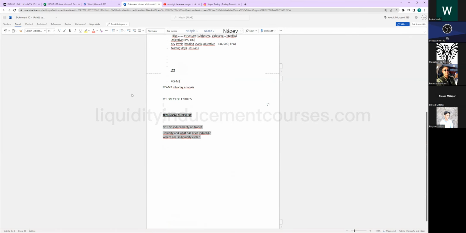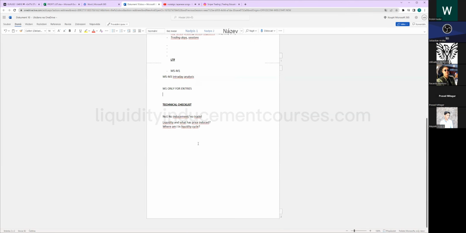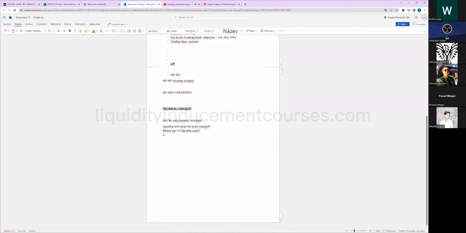So again, you can use any liquidity cycle possible. All of them are okay. But even a simple AMD is enough. You can ask yourself, are we accumulating, manipulating or inducing, or are we distributing?